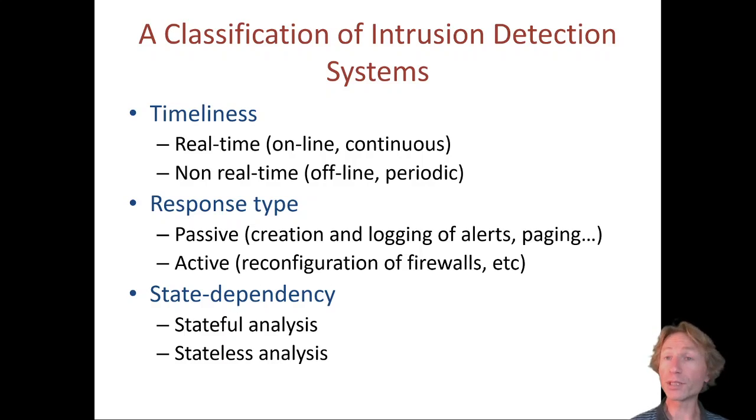You can classify it by the response type. Is it passive? Does it just create and log alerts? Or is it active? And does it actually try to do something about the attack, such as reconfigure your firewall? And finally, we can classify it by the state dependency. Is the IDS a stateful analysis or a stateless analysis?